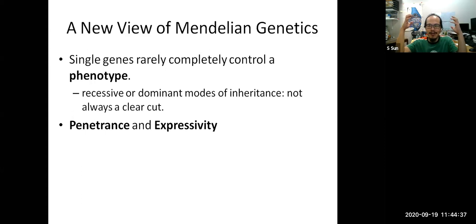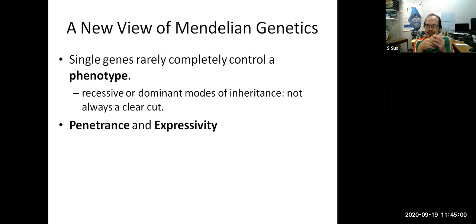Say both parents have frontotemporal dementia, which is also caused by a mutation. But their kids, even though they still have that mutation, might not have the disease. So that's the penetrance. The reason is that they may not express it.